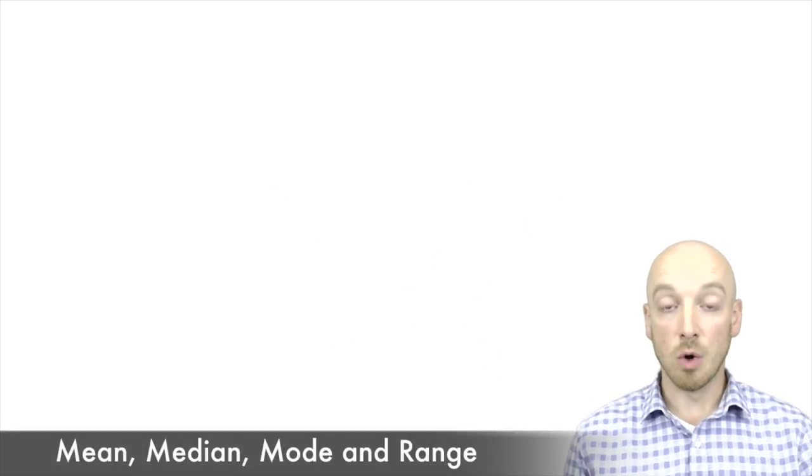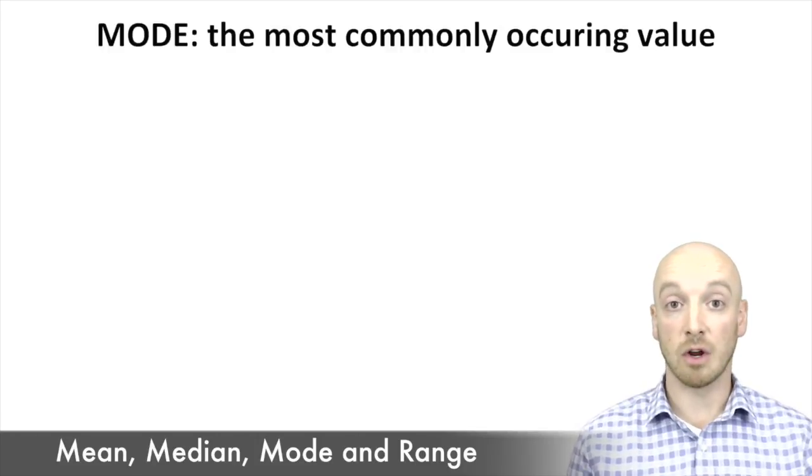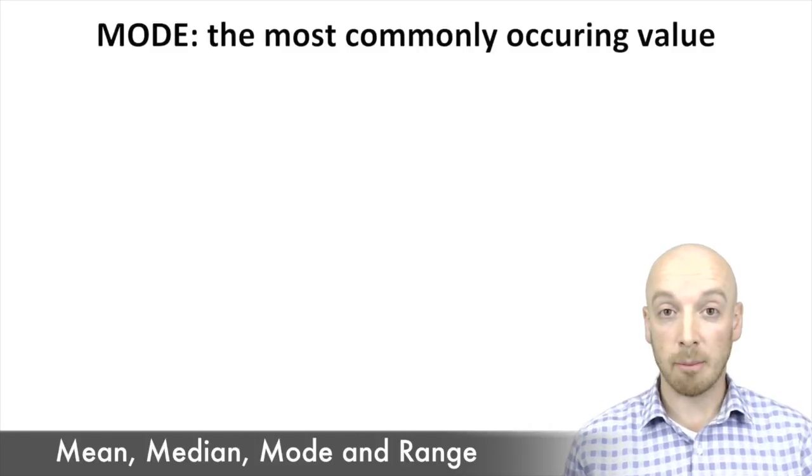Next up here is the mode of a distribution. Now, the mode of a distribution is just the most common value that occurs in the list. Usually there's just one mode, like in this example.